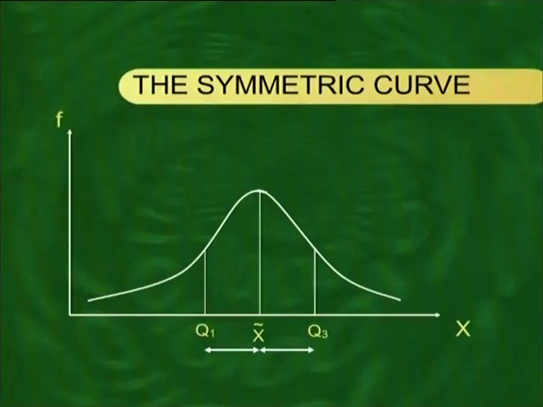As I told you last time, for a perfectly symmetrical distribution, the distance between q1 and x tilde is exactly the same as the distance between x tilde and q3, and you can now see this on the screen.